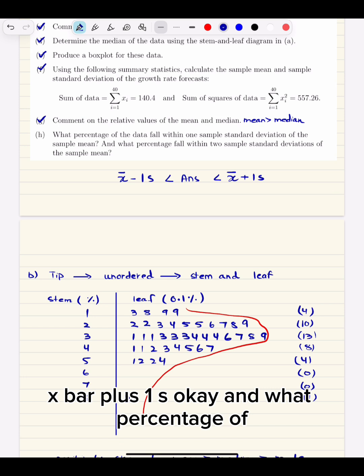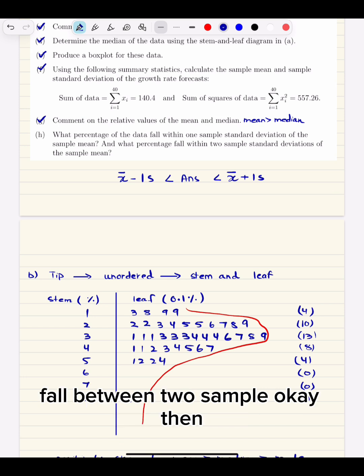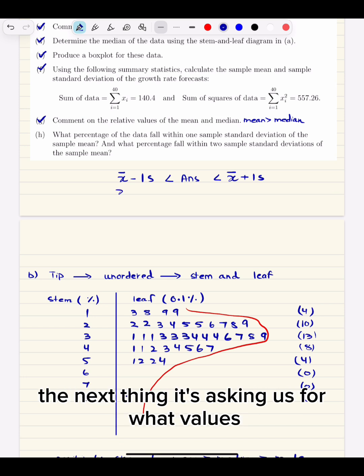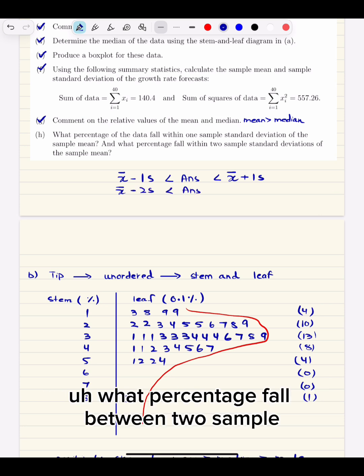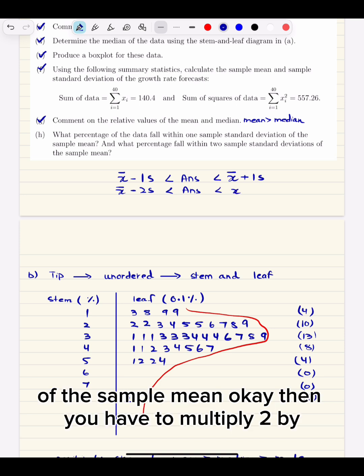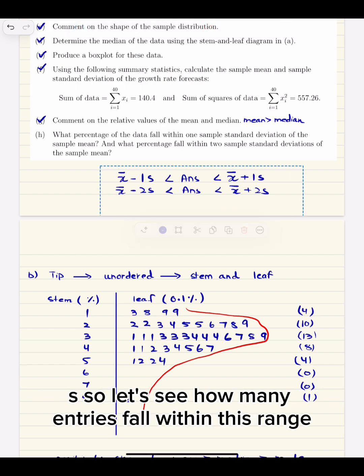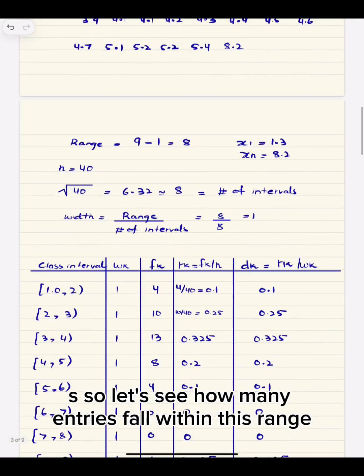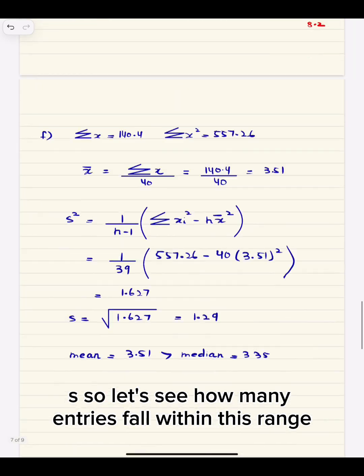And what percentage fall between two sample standard deviations of the sample mean? Then we have to multiply 2 by s. So let's see how many entries fall within this range.